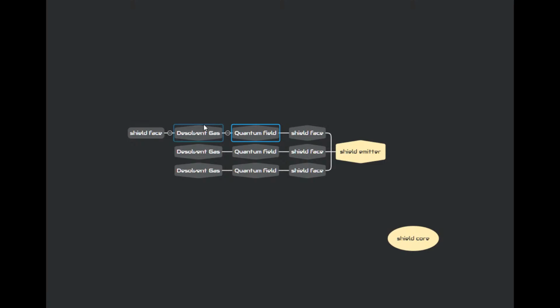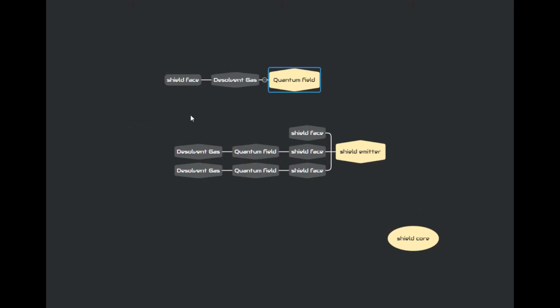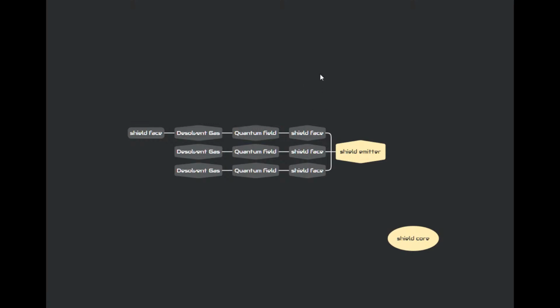I've got to figure out a way to put that inside it, if there's a way to do it. Okay. So this is sort of a triangular faced emitter, right?